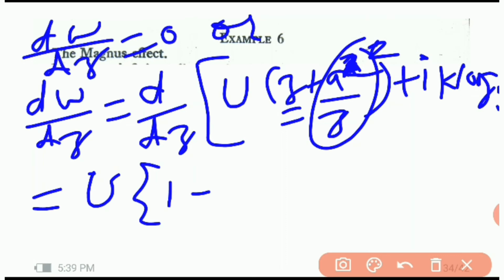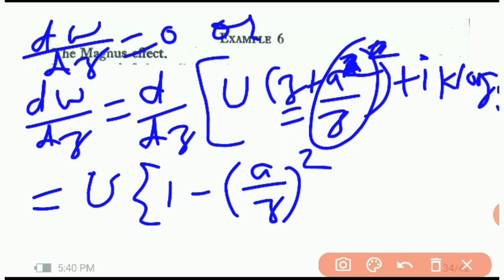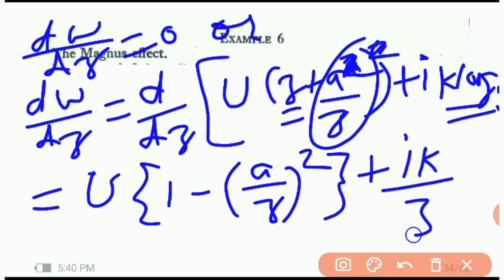So what is the derivative of a square by z? The derivative of a square by z is a by z whole square bracket close, plus ik as it is. The derivative of log z is 1 by z, which is equal to 0.